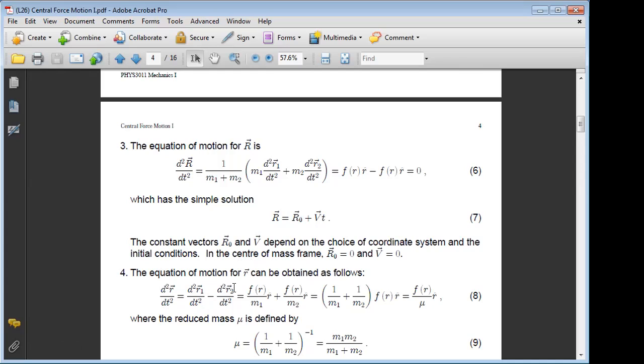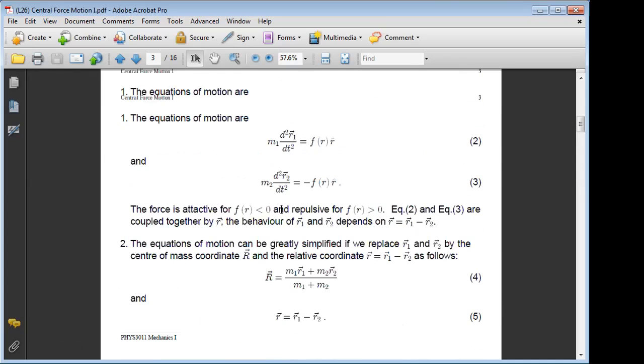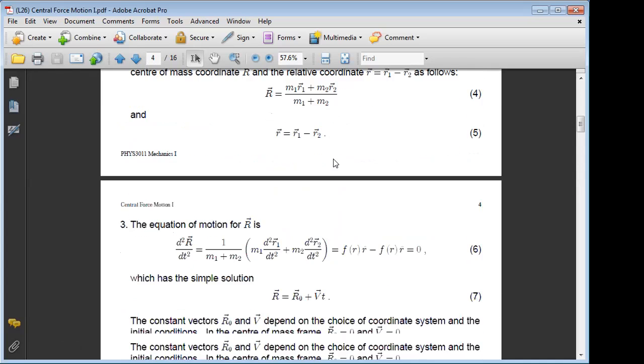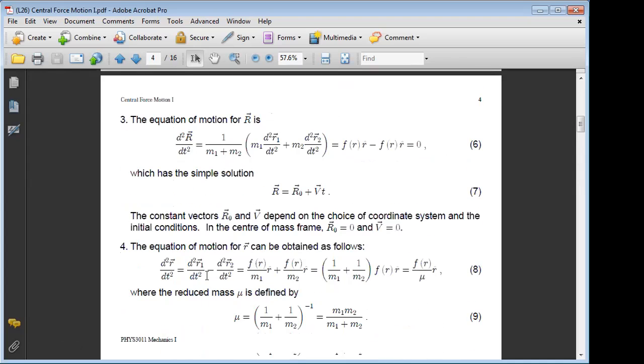The second term is r2 double dot. r1 double dot gives you f(r) divided by m1, r hat. On the other hand, r2 double dot gives you minus f(r) over m2. Since we have a minus sign here, minus minus gives you plus.